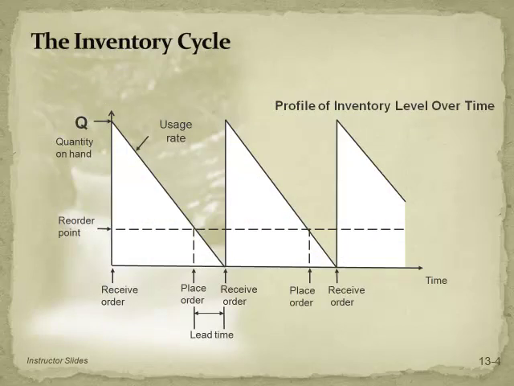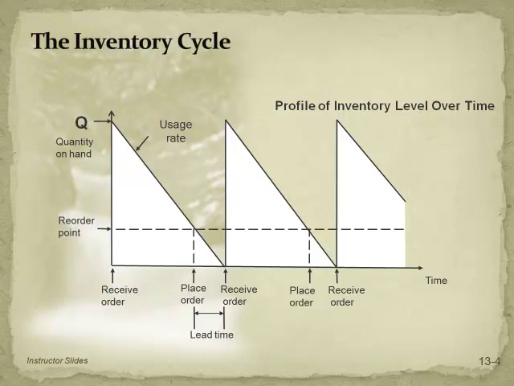So this is the economic order quantity model. Our horizontal axis here is time, and our vertical axis represents our inventory level, some quantity on hand of inventory. If we start at the intersection of both axes, we assume that we receive a shipment in from a supplier.